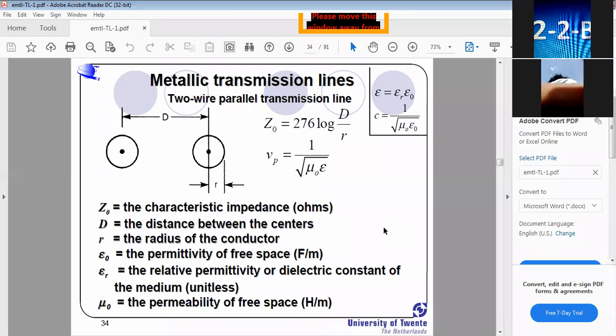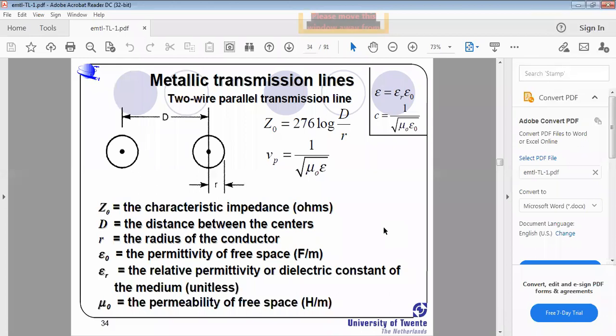When we consider the two-wire parallel transmission line, how many wires does it contain? The name itself indicates it contains two wires. See here, this is wire 1 and this is wire 2.